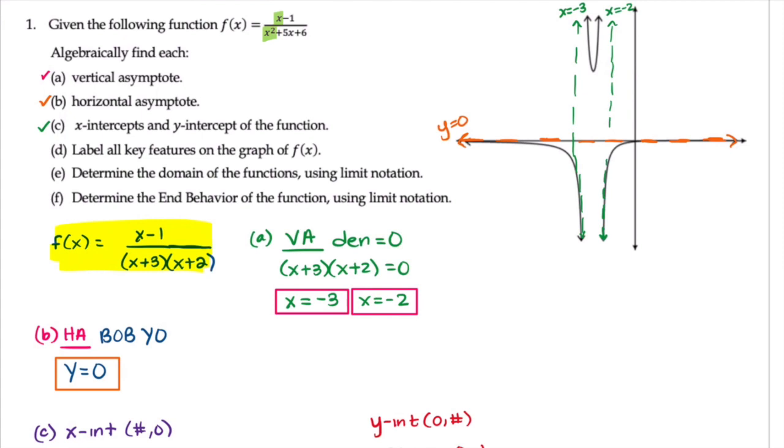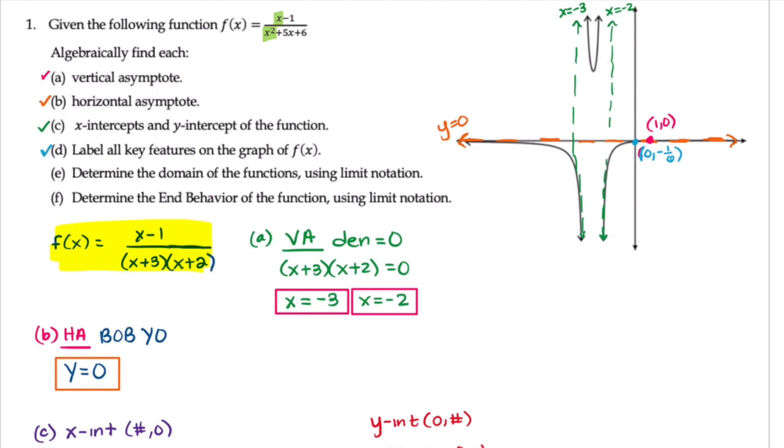So the x-intercept is the point (1, 0), probably right here, and the y-intercept, super close, is somewhere here. Let us label it (0, -1/6). It's very close to that 0, so it kind of looks like it is 0. And that's all the labeling that we have.